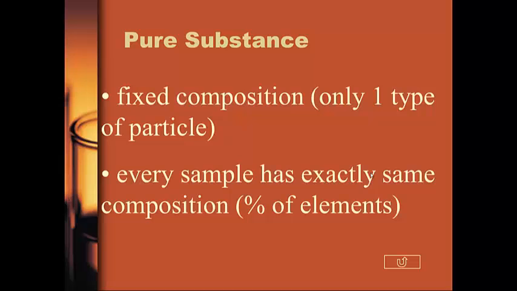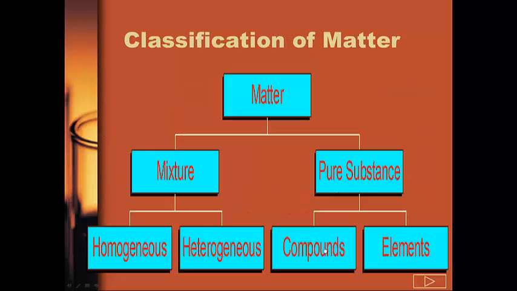For example, if you took water, regardless of how big or how small your sample size was, 1/9 of it is always going to be hydrogen by mass, and 8/9 of it will always be oxygen by mass, and it doesn't matter how big or how small the sample size is. Okay. So, pure substances, they can only be either compounds or elements.